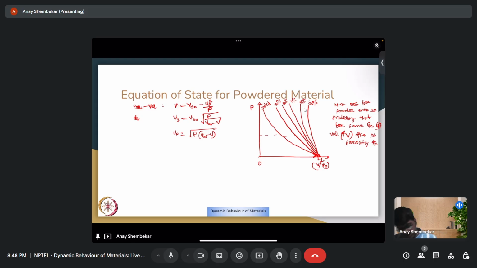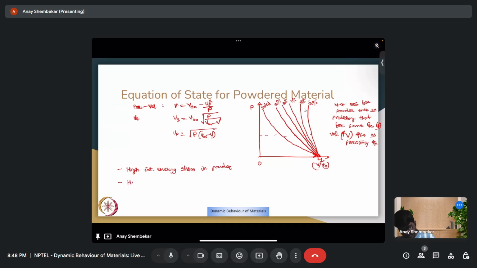Another thing that this ends up giving us, I'll just write it qualitatively: you can obtain high internal energy states in powder, which would not be easily achievable in solids.